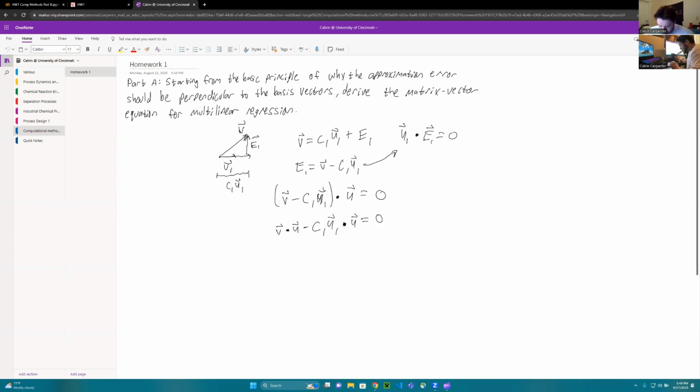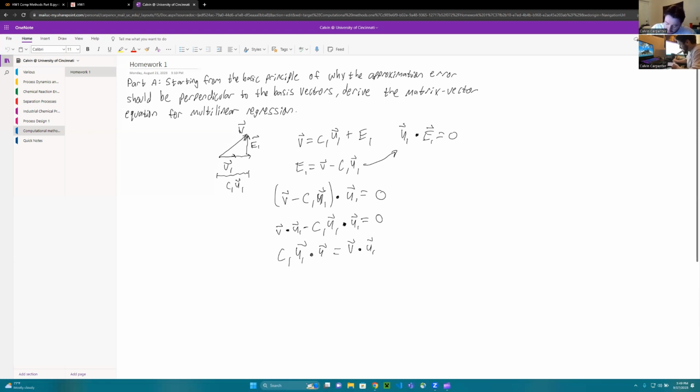So now isolating for your coefficient, you're going to get C1 times U1 dot product with U1 is equal to V times U1.